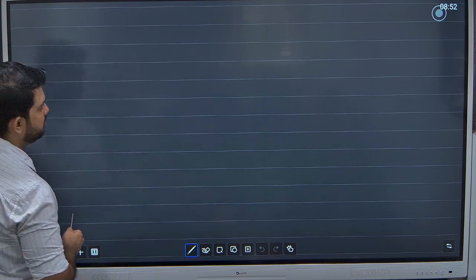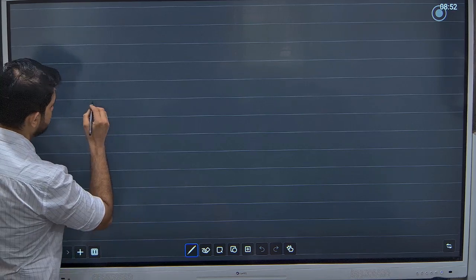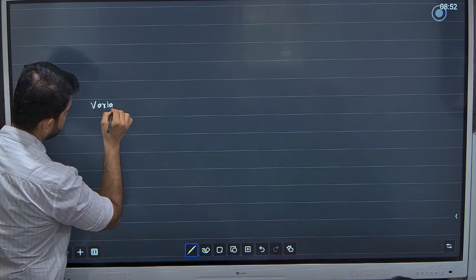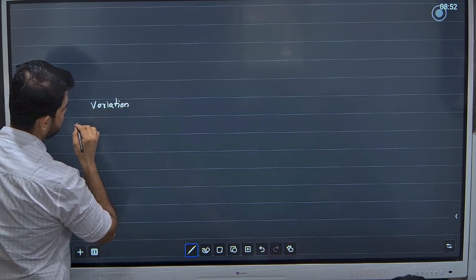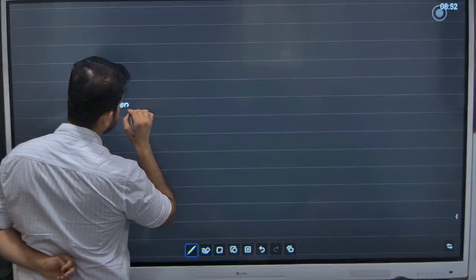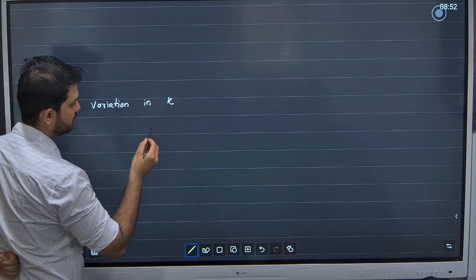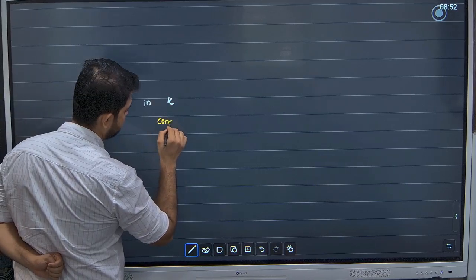The next topic that we have, people, is variation in kappa. Kappa stands for what, people? Conductivity.